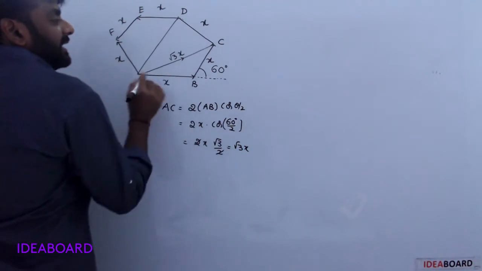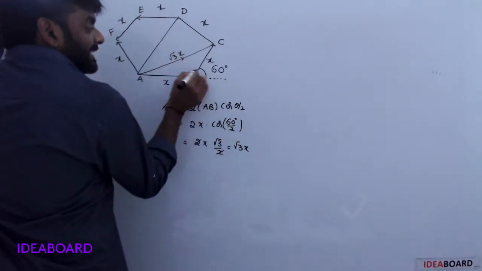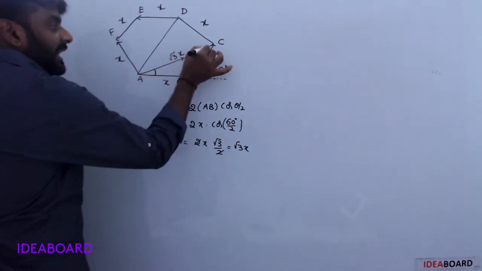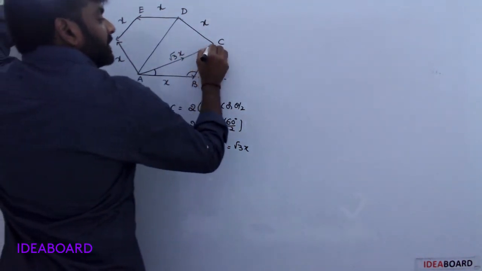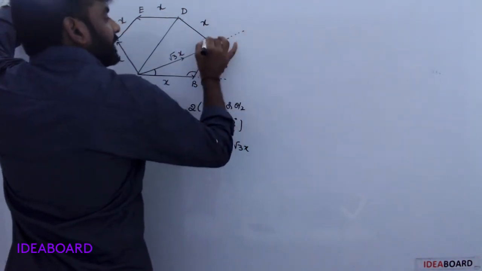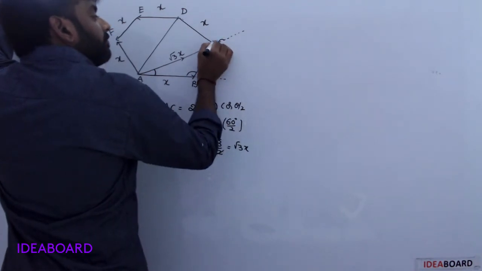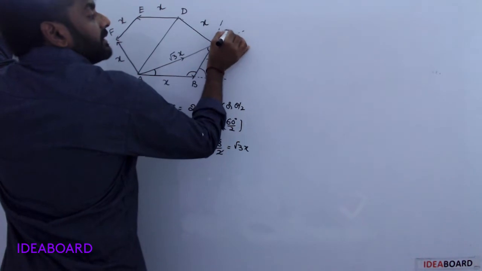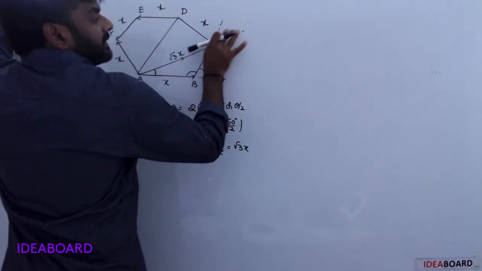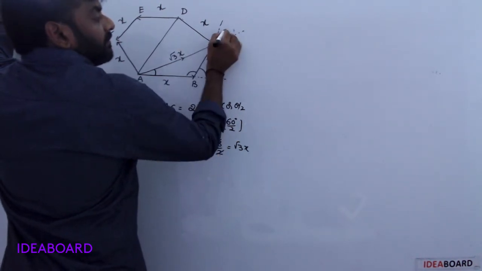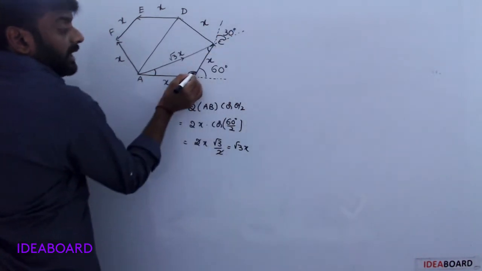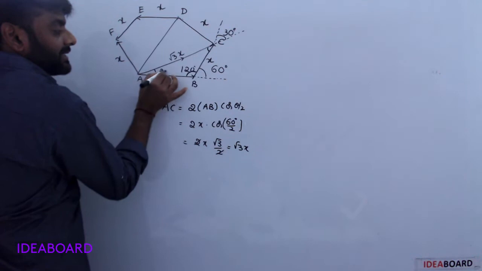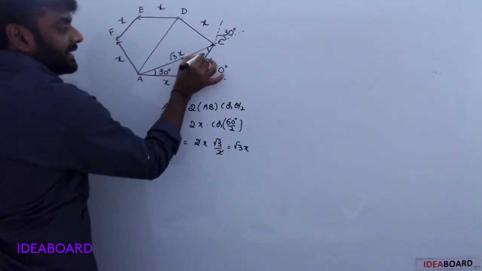Now, what about AD? Here this angle is 60, so this one is 120. This angle is 30, this angle is also 30. Because it is 120 degrees, this is 30 degrees and this one is 30 degrees.